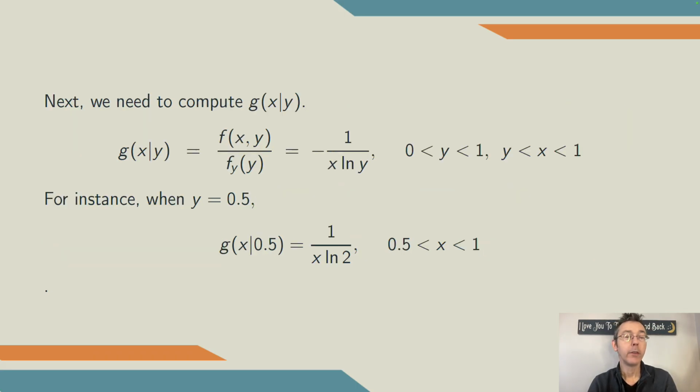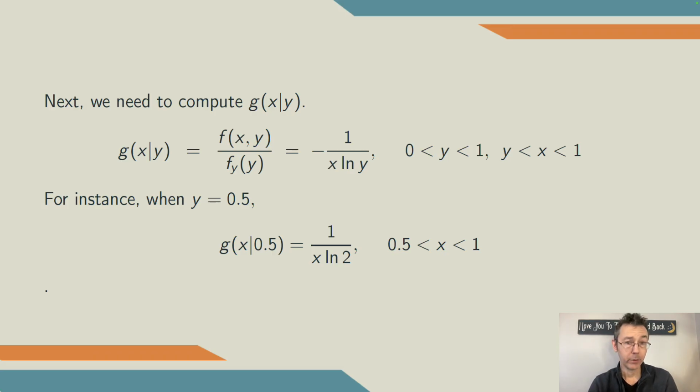Now we're ready to compute the other conditional probability density function, g sub x given y. By definition, that's equal to f of x, y, the joint PDF, divided by f sub y of y, the marginal PDF for the variable that we're conditioning on. Plugging in things, simplifying just a tiny bit, we get negative 1 over x times the natural log of y.